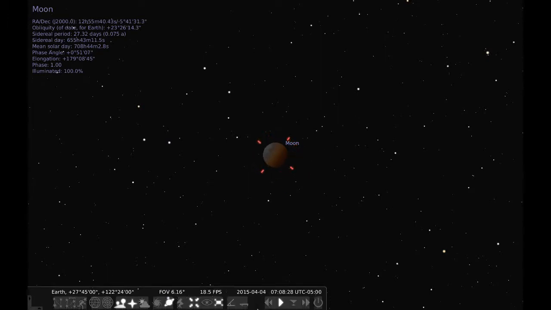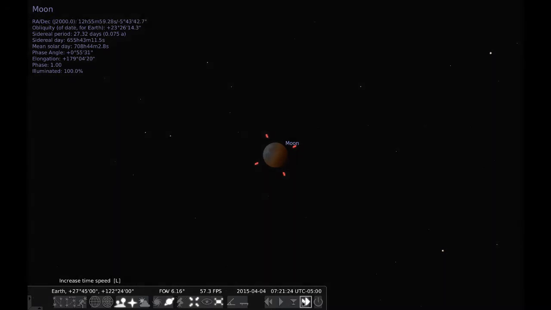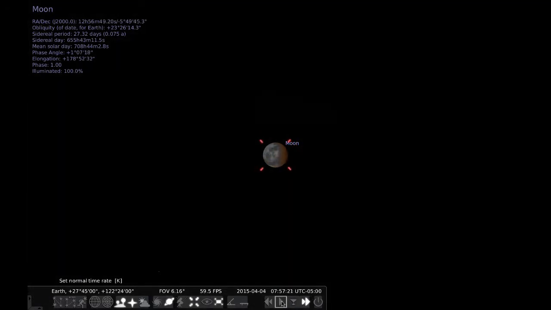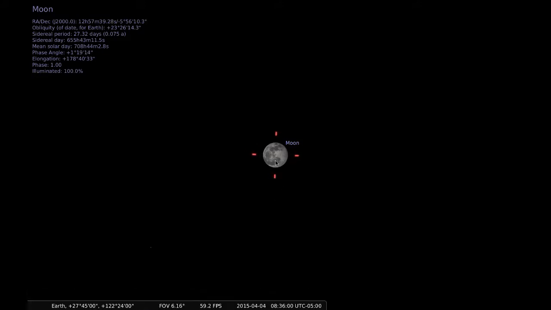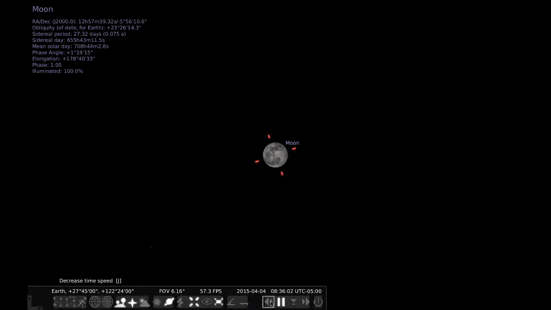If I run time forward a little bit, let's go a little bit faster here. So we'll see the moon come out of the shadow, and there you see what it would look like as an uneclipsed full moon. I'm going to go back though into the depths of that terrifying eclipse. So go back through the penumbra.